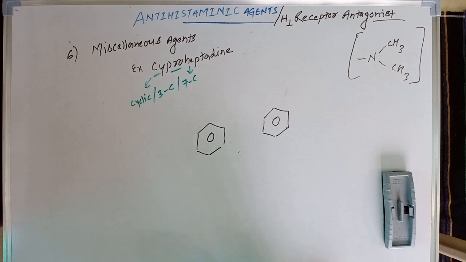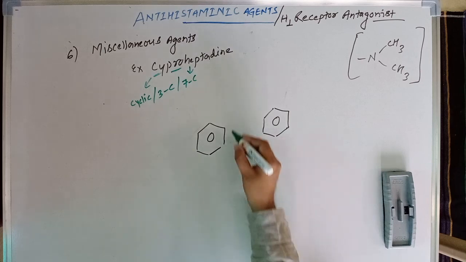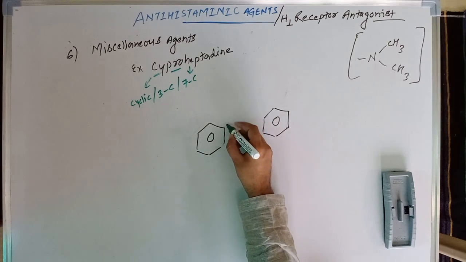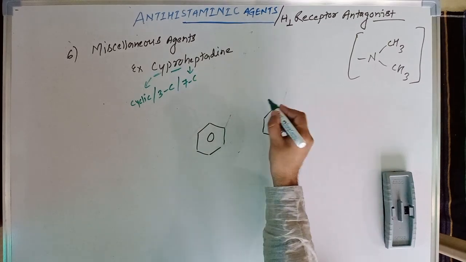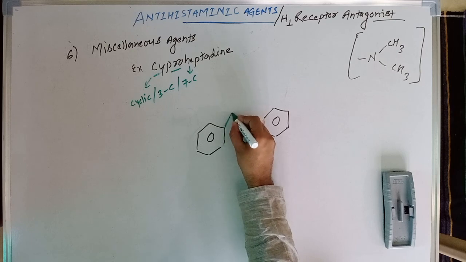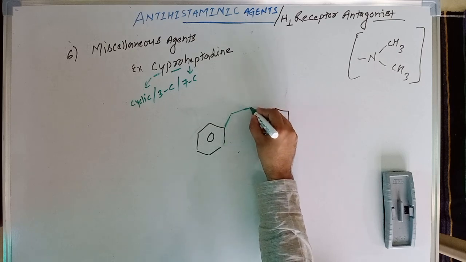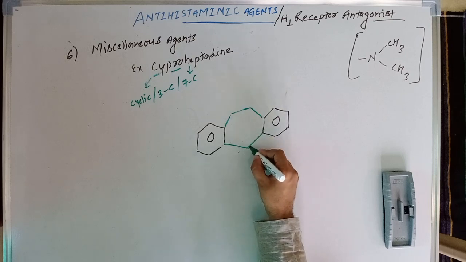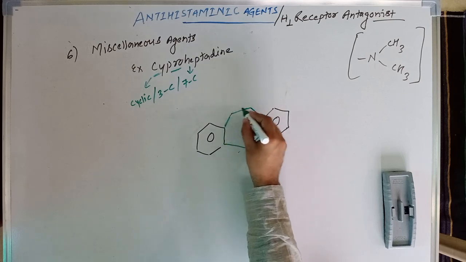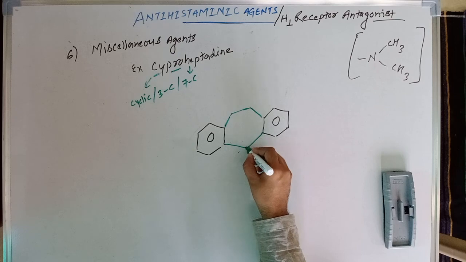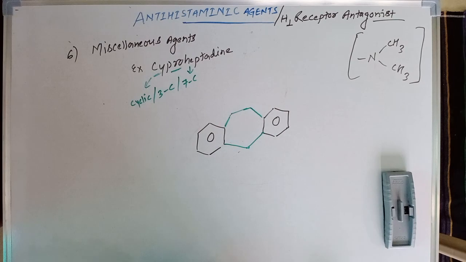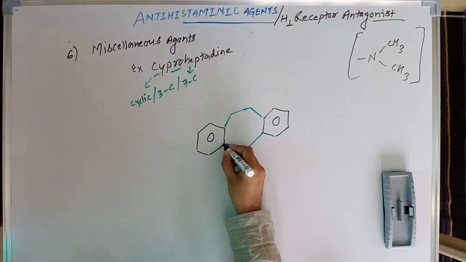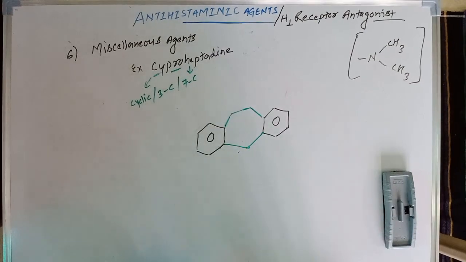Now we have to draw the hepta. Hepta means a heptacyclic structure, a 7 carbon species. So here comes your hepta: 1, 2, 3, 4, 5, 6 and 7. This is your heptacyclic ring.